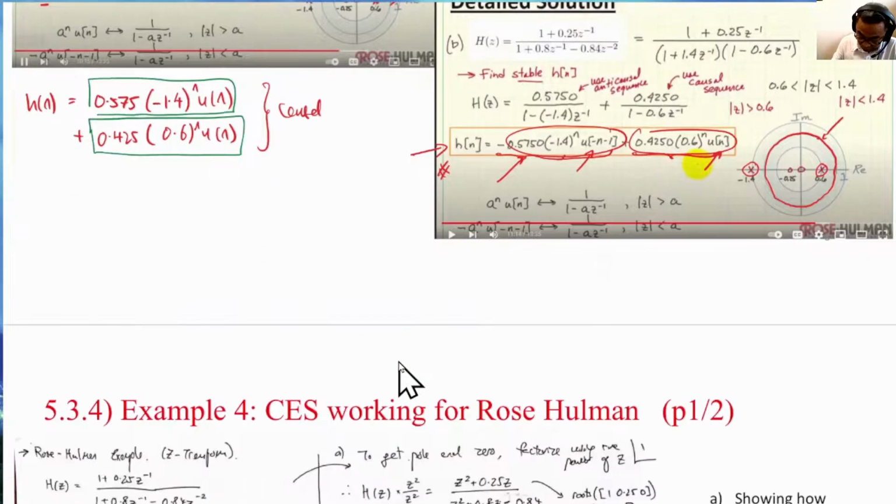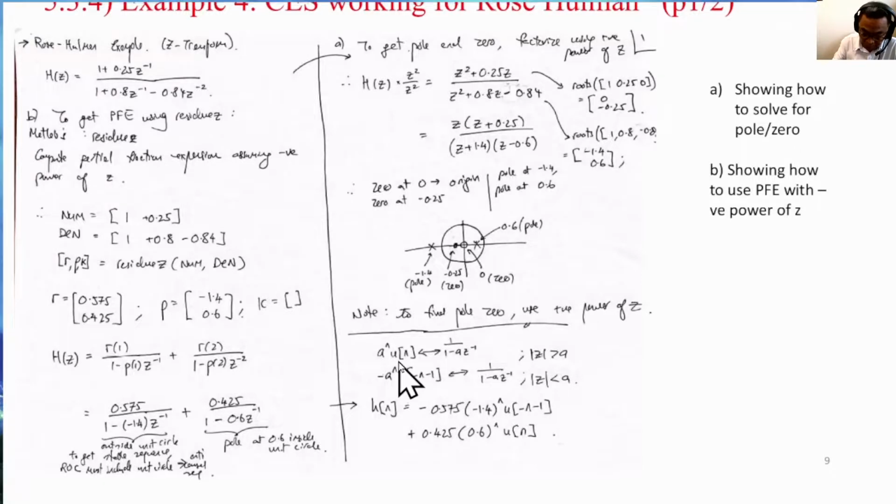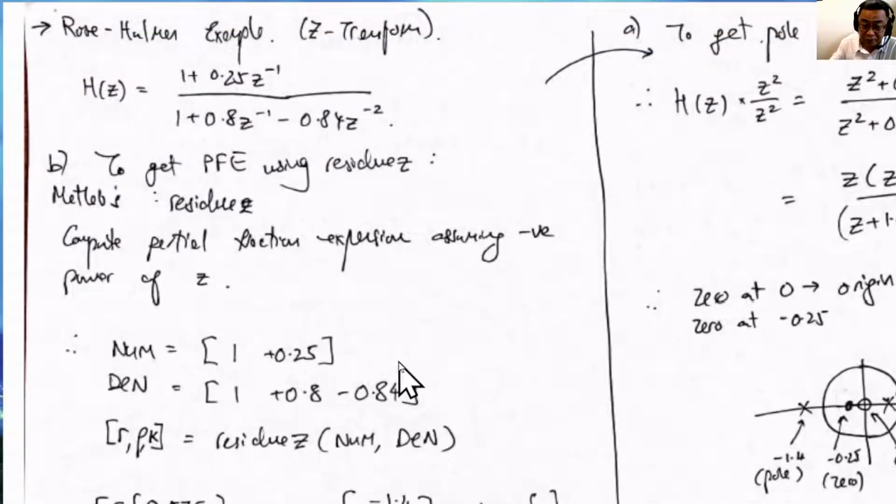Alright, I'll show you my working. In this example, again I use MATLAB just to verify, and again I'm going to use residuez. In residuez, you realize that I must express my vectors representing the coefficients of the numerator and the denominator as negative powers of z.